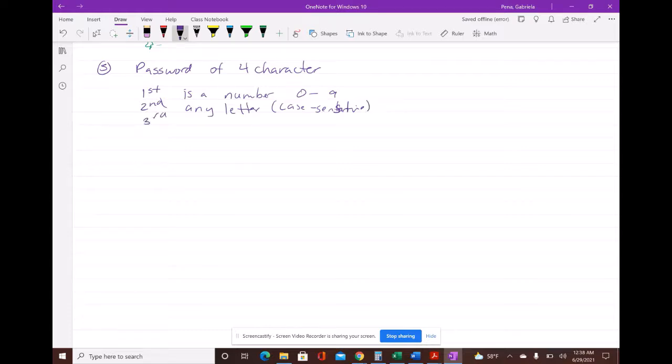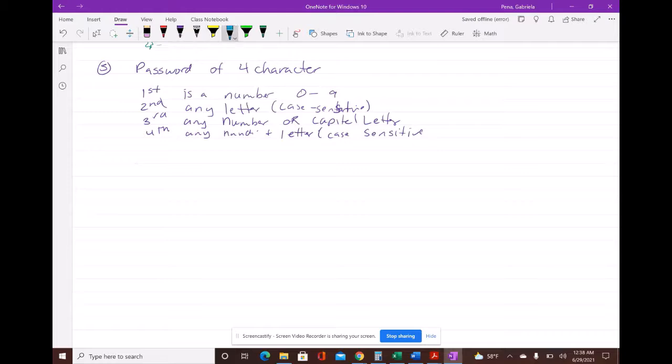The third character is going to be any number or capital letter. And the fourth character is any number or letter. Again, be careful with the case sensitivity.